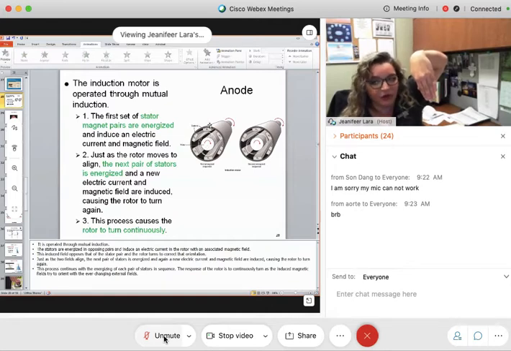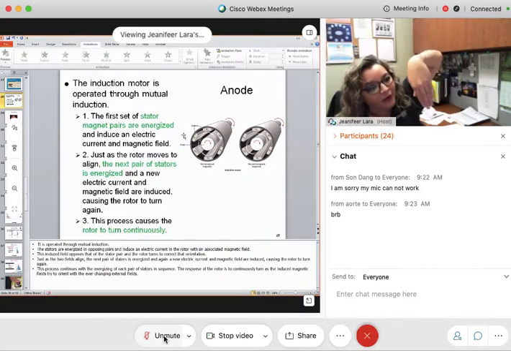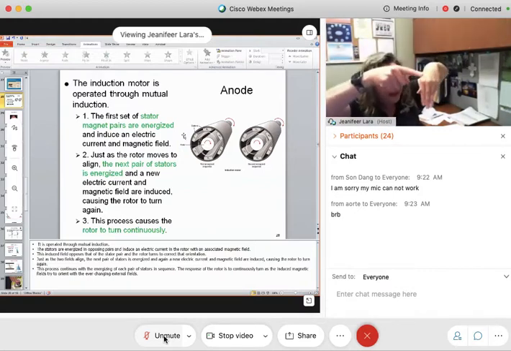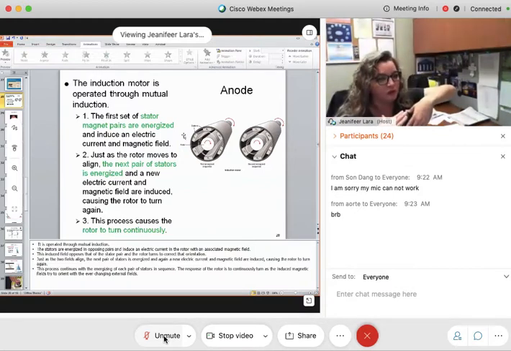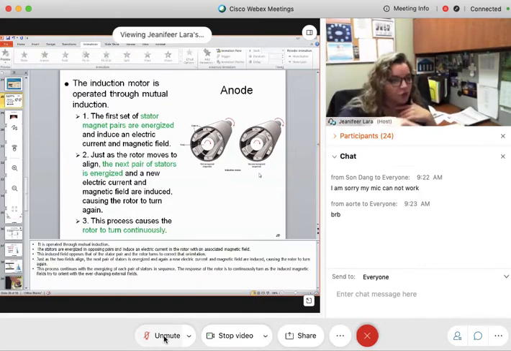Then these get turned off and these magnets get turned on. The iron is going to continue to flip to align its poles. If you do this in rapid succession, the iron continues to flip, rotating at 3,400 times per minute.